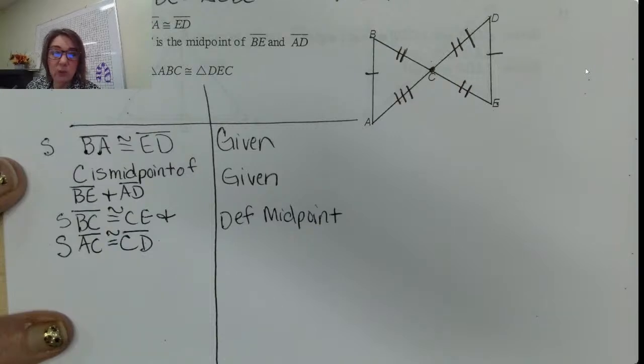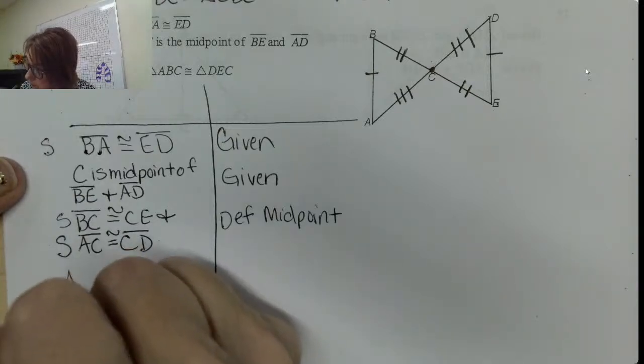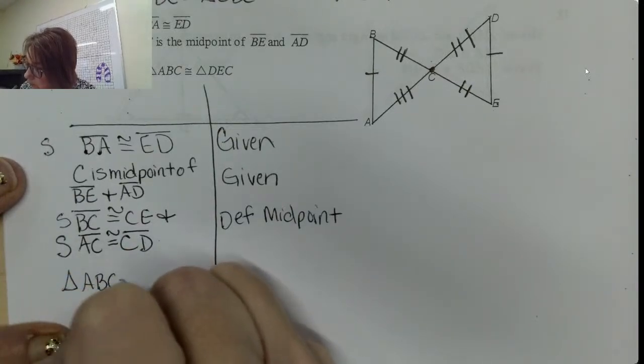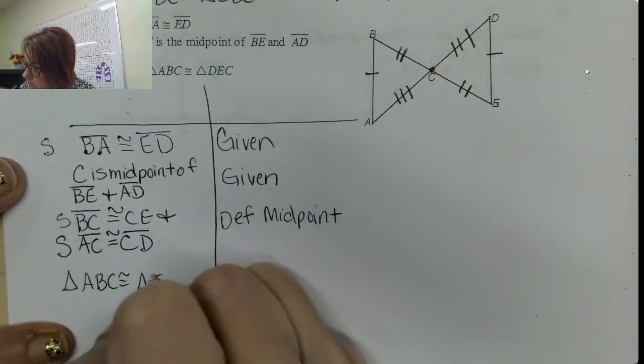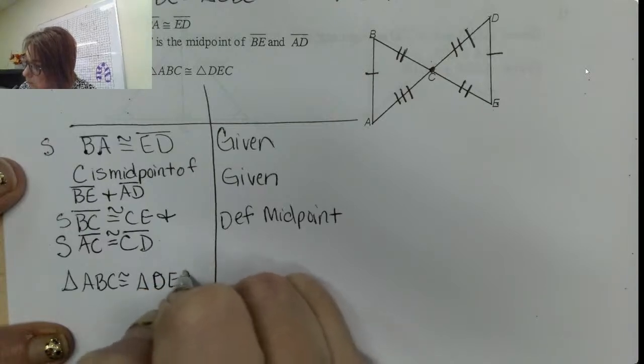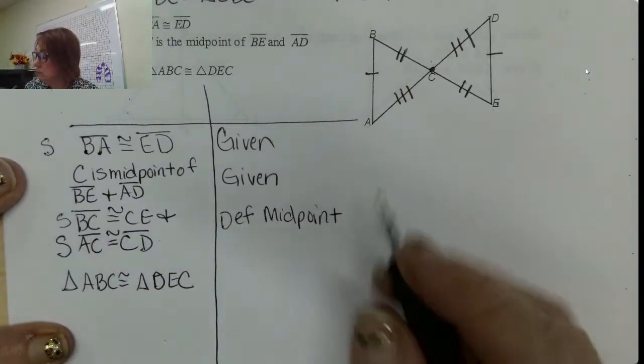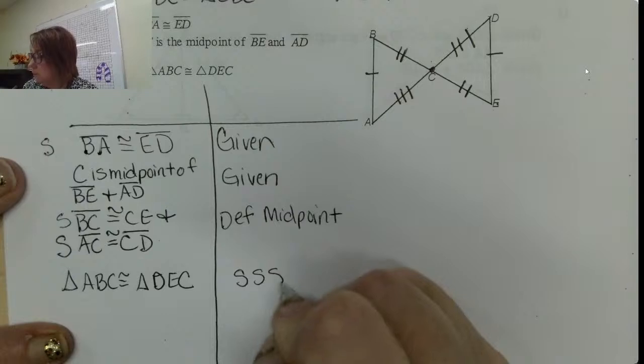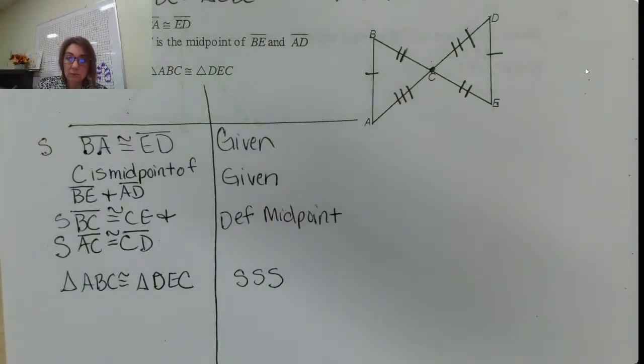So what conclusion can we draw based on that information? And what's our reason? Y'all seeing how that works? Is that making a little more sense, maybe?